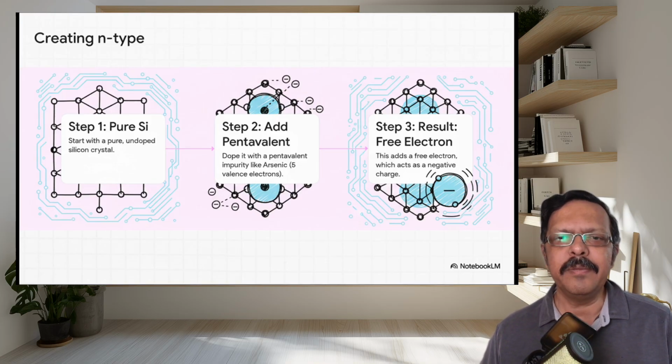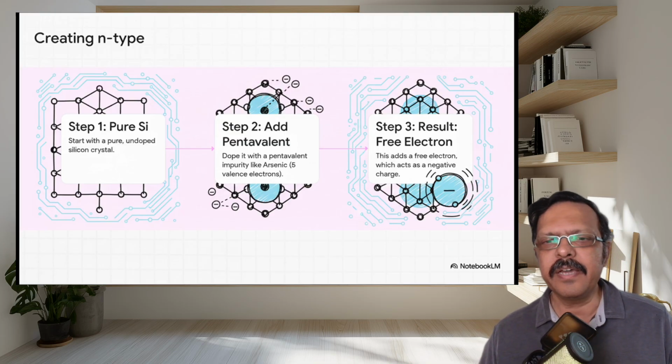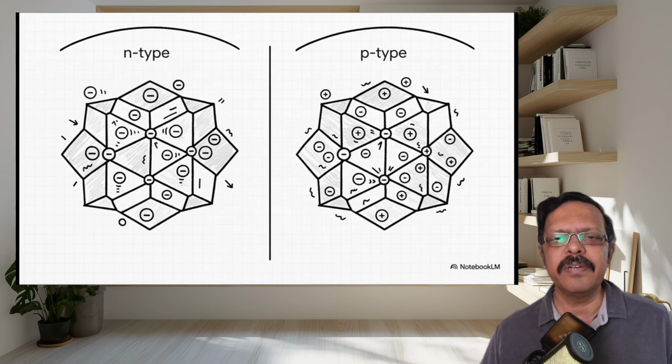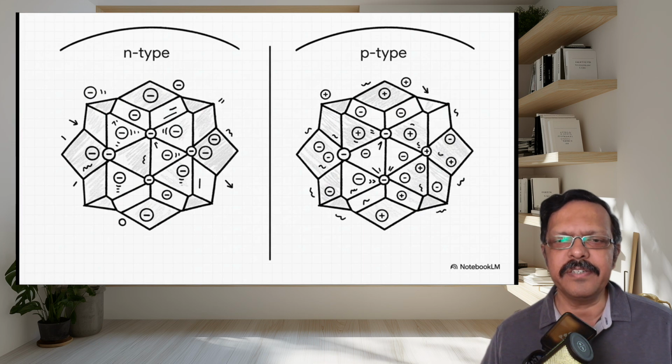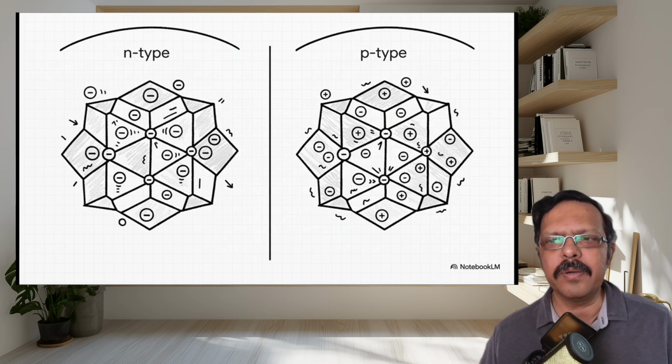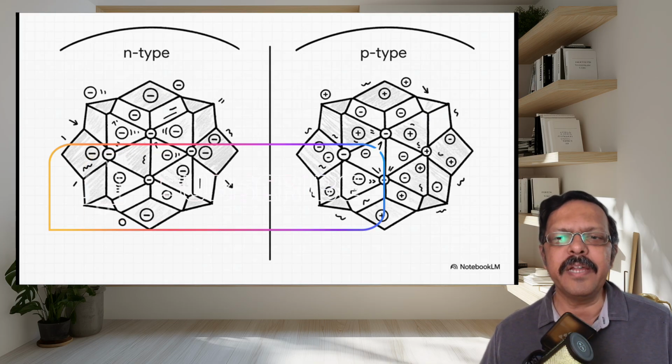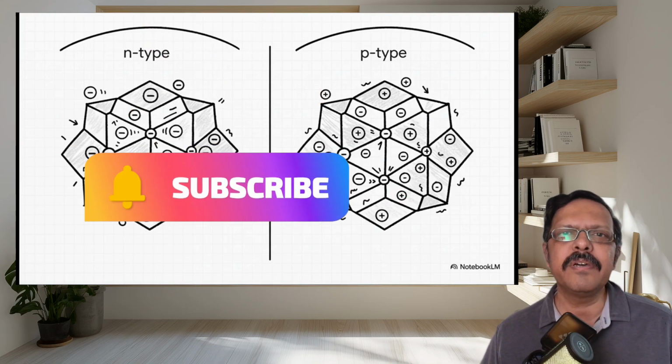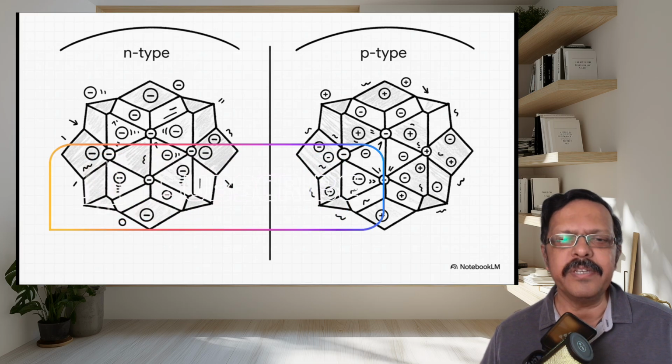So if we add an impurity, the silicon will have holes to carry current, or the silicon will have extra electrons as majority carriers. Almost all modern electronics, including the phone or computer you are using, are built on a clever arrangement of these P type and N type materials. This is where true electronics begins.